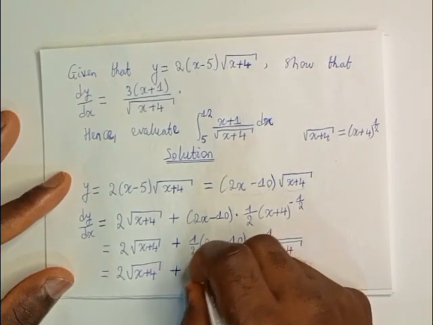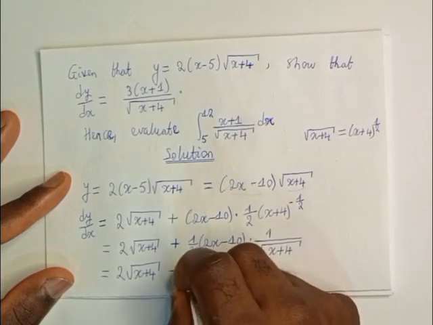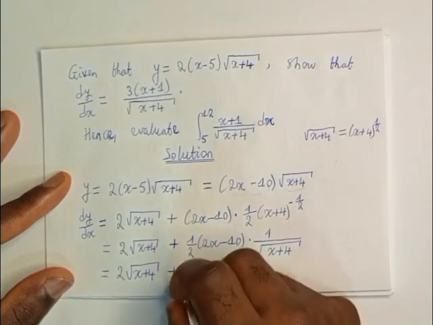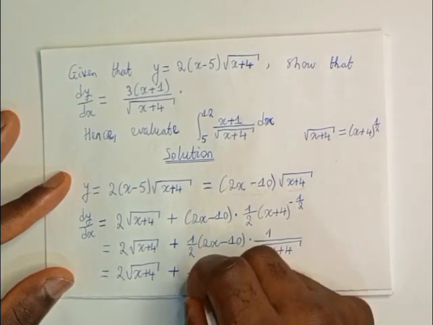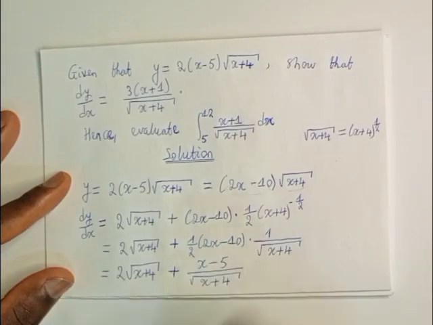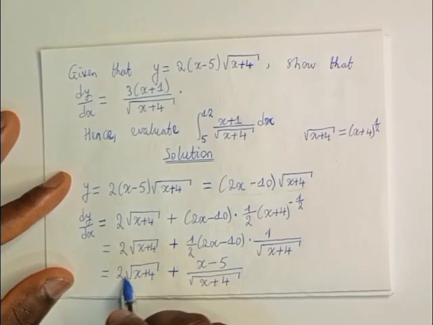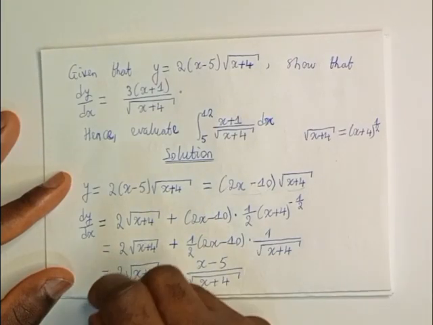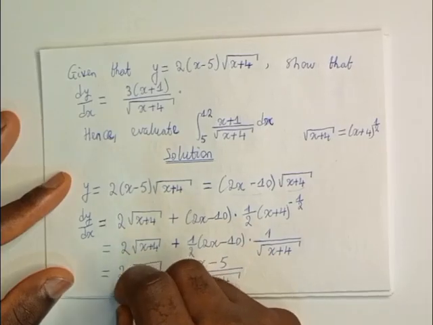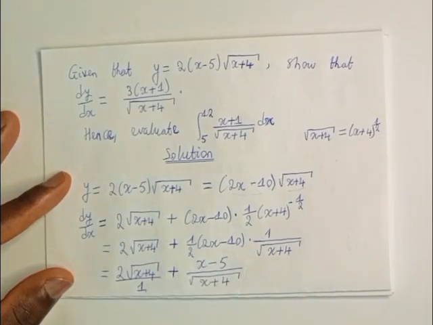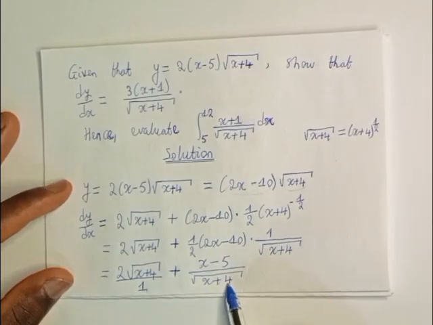This will be the same as x minus 5 all over the square root of x plus 4. We can express this as 2 times root x plus 4 all over 1. Then we find the LCM of their denominators, which is simply the square root of x plus 4.